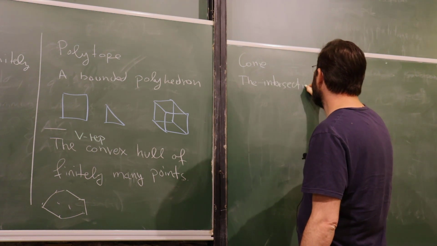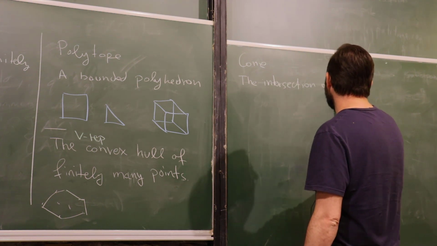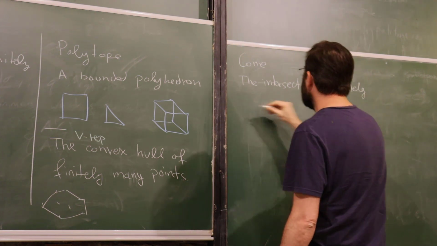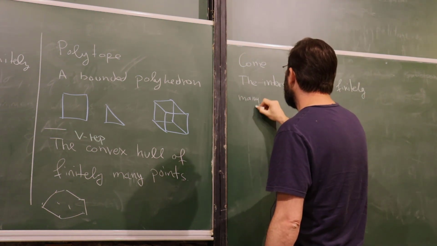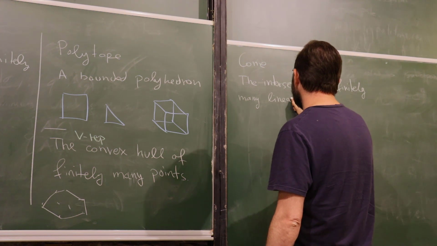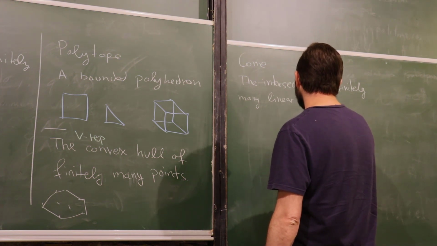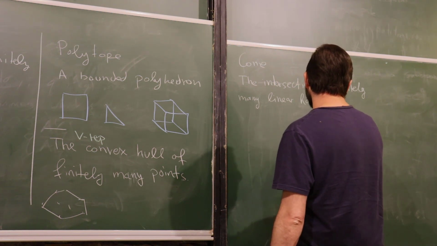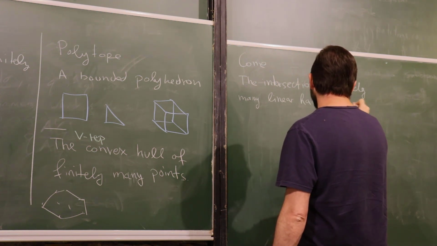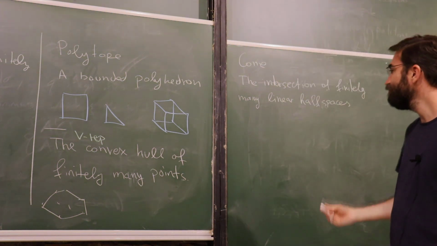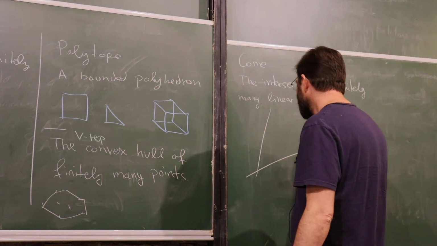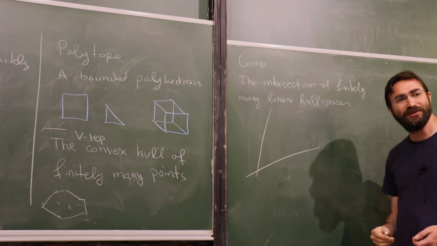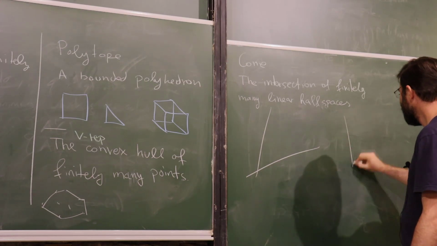Then we'll move to cones. A cone is the intersection of finitely many linear half spaces, and that means that they all go through the same point. Now I will have to draw in more than 2 dimensions.